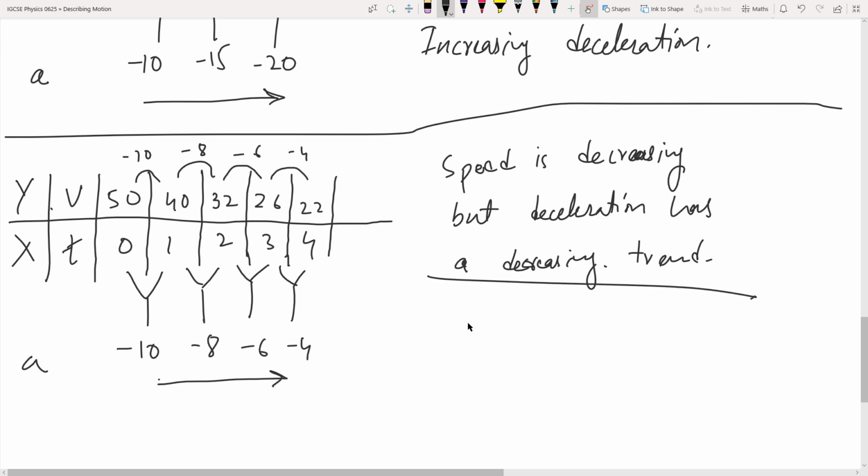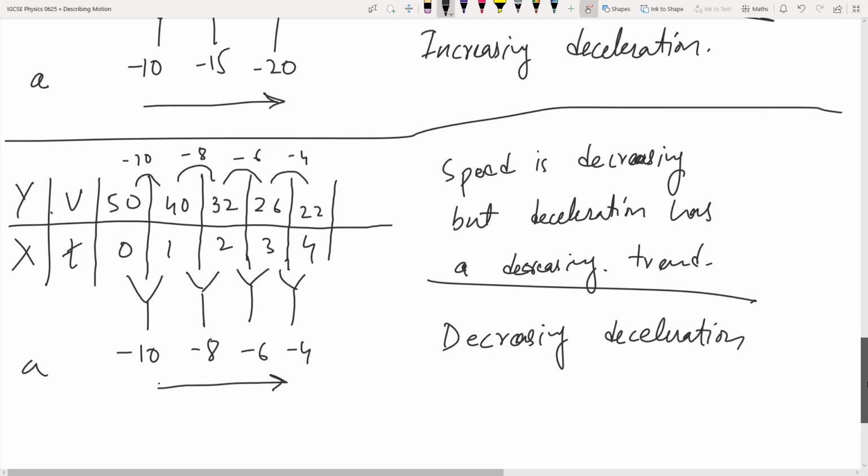So this is what we call decreasing deceleration, right?